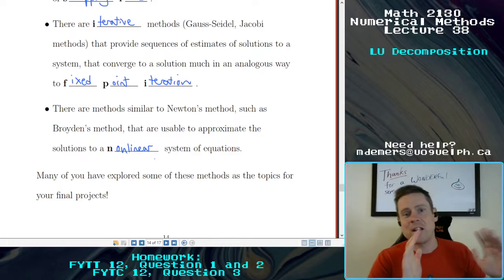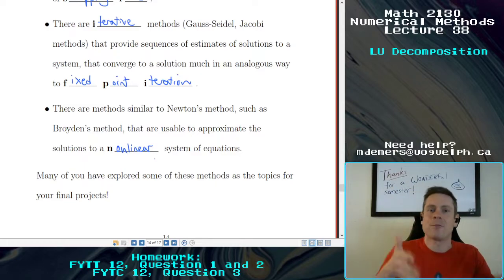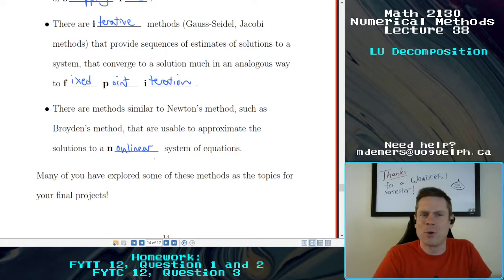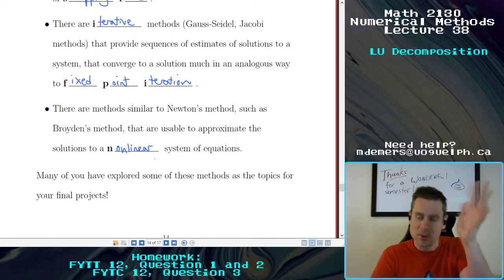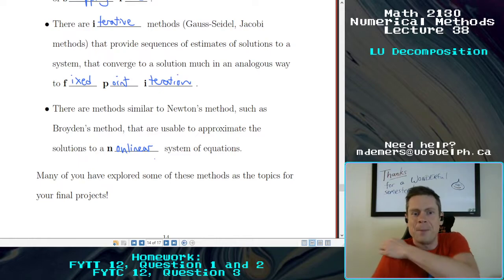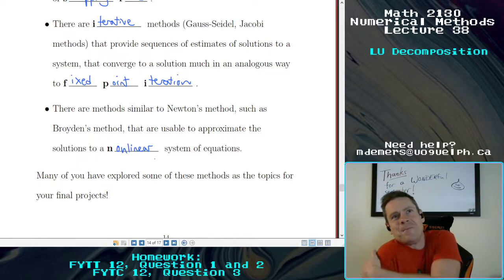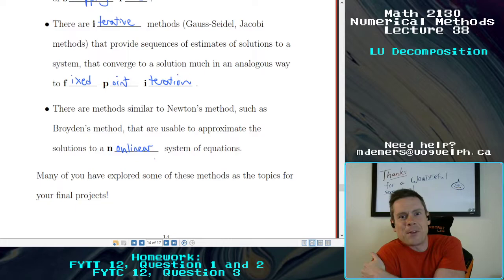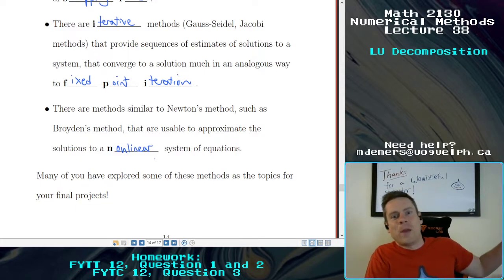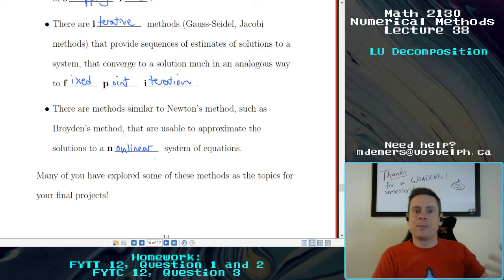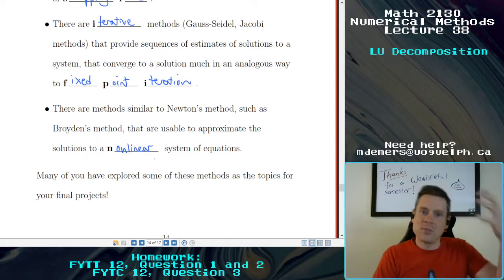If you can't represent a system as a linear equation, that means you can't write it in terms of matrices, or you can't easily do so in the traditional way that we do. But if that's so, you have to consider some other approach. And so this gives us a way that mimics Newton's method, except for systems of equations with maybe more complicated functions involved.